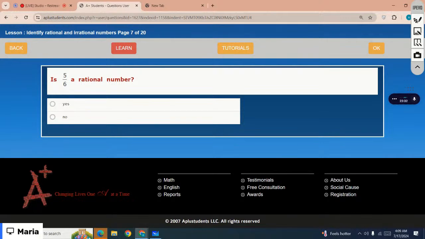Is 5 by 6 a rational number? Yes, 5 by 6 is a rational number. Very good.